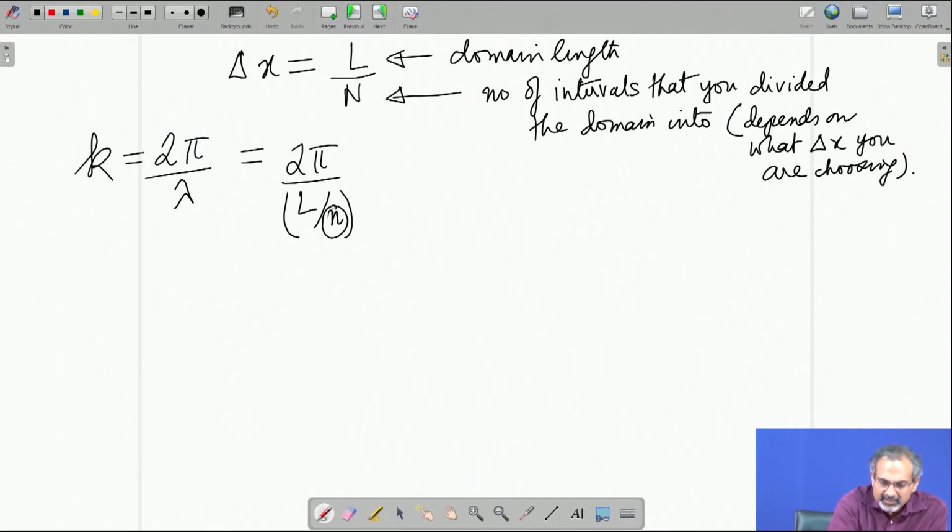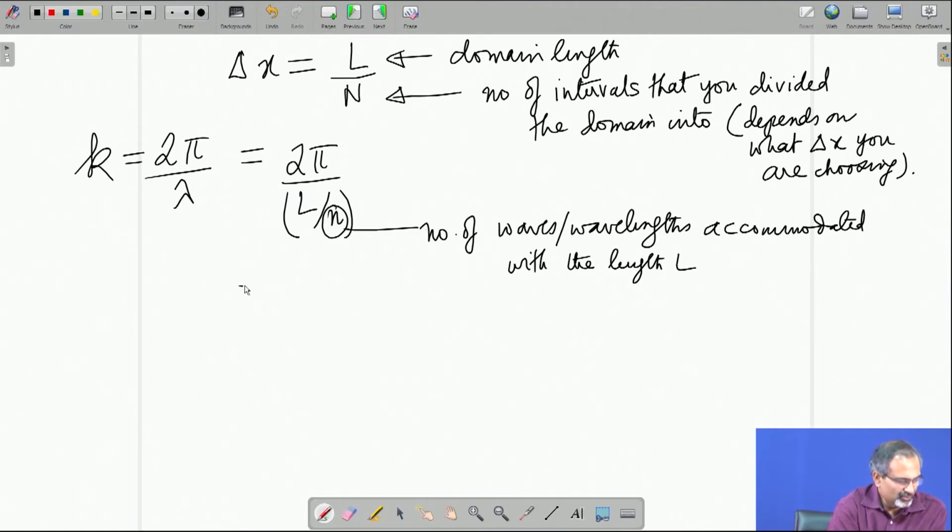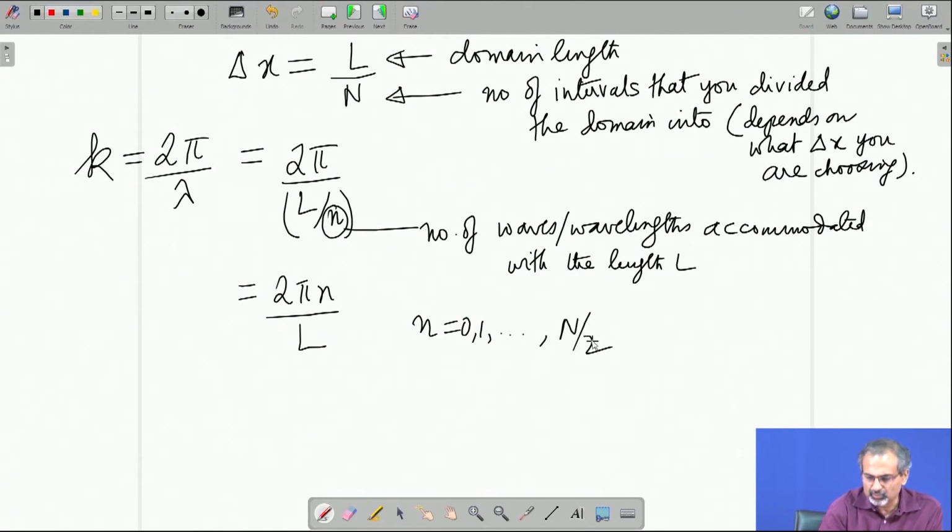That means, this small n was the number of waves or wavelengths accommodated within the length L, and so this would become 2 pi n by L, and we know that n varies from 0 to capital N by 2.